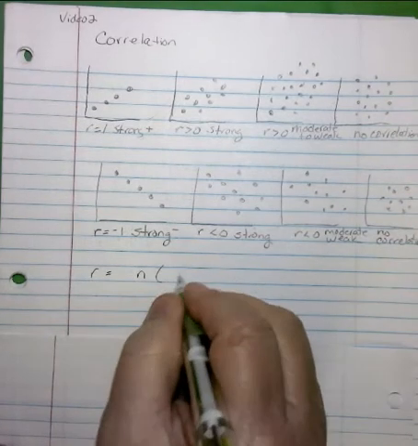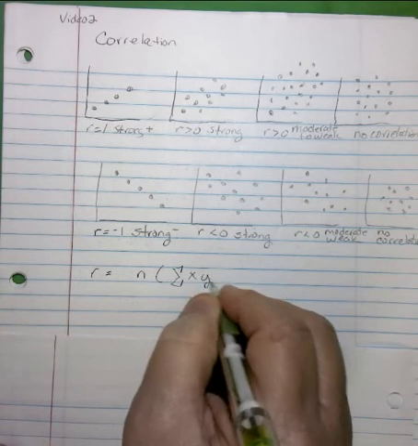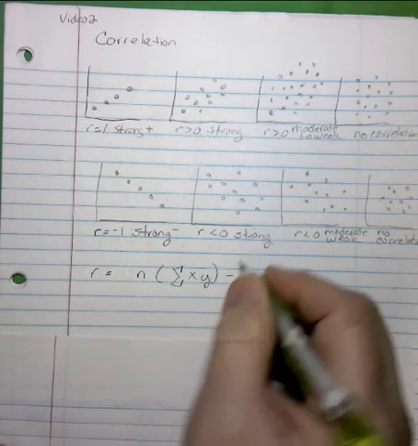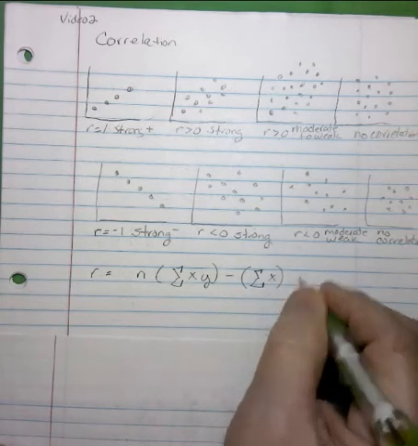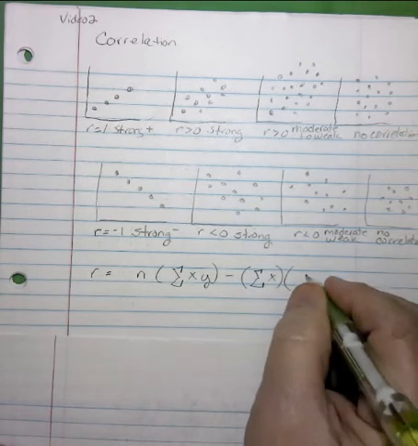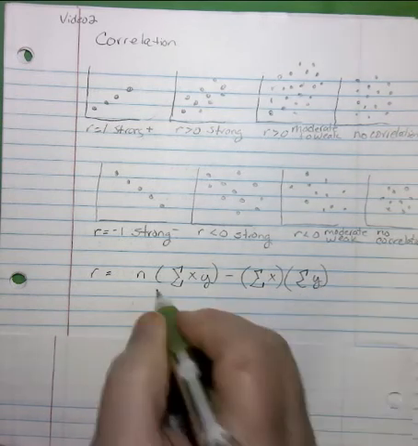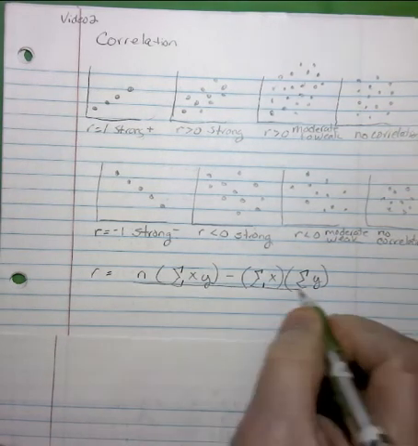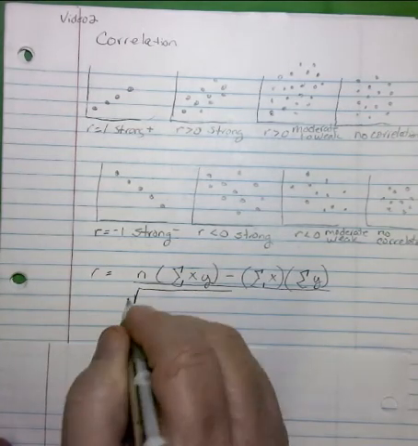So we have N times the summation of X times Y minus the summation of X times the summation of Y. And notice it does have some familiar notation that we've used before. And then we throw in a square root symbol.